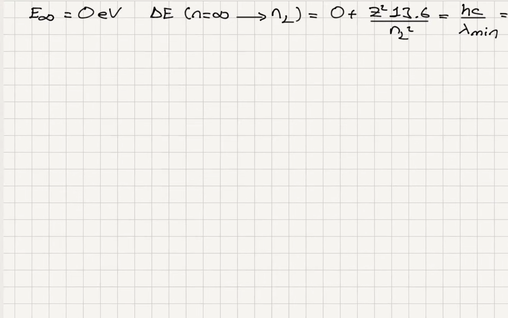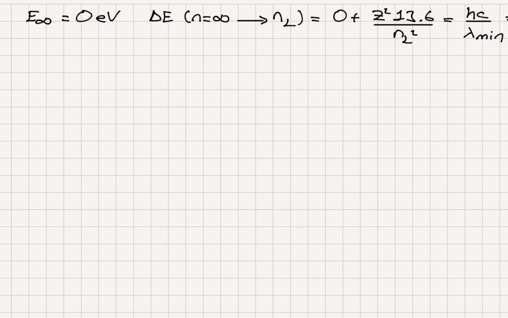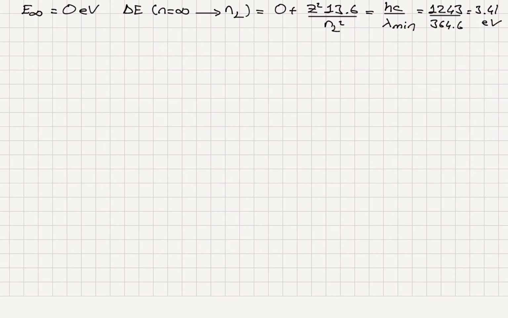Now if I look at the value Z squared divided by n sub L squared, from this expression here, Z squared over n sub L squared is 3.41 divided by 13.6.